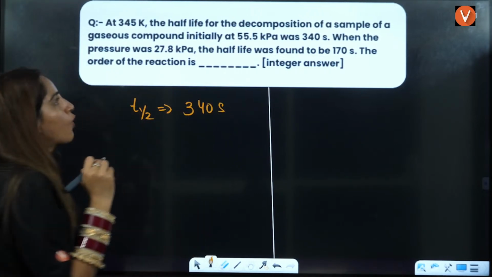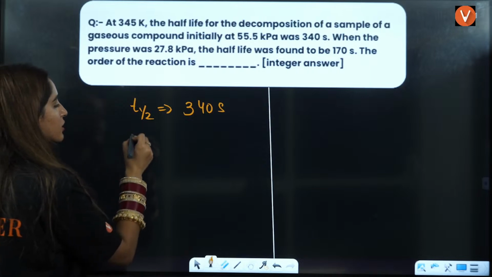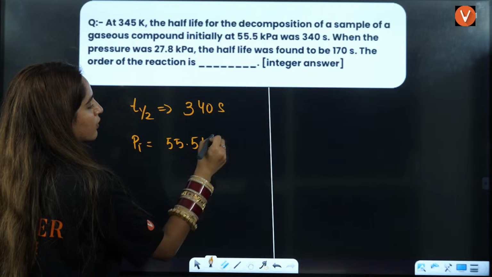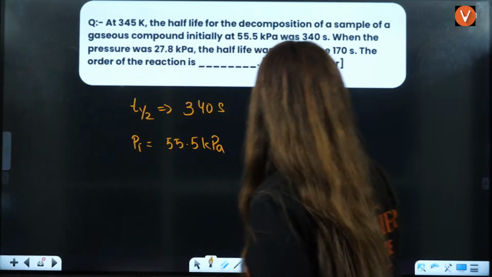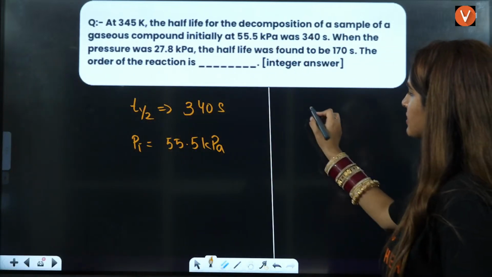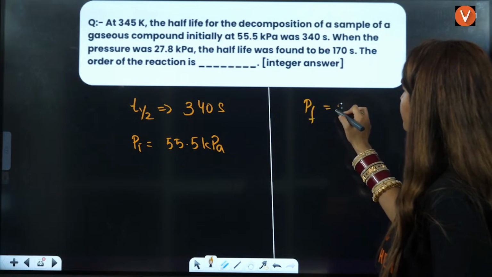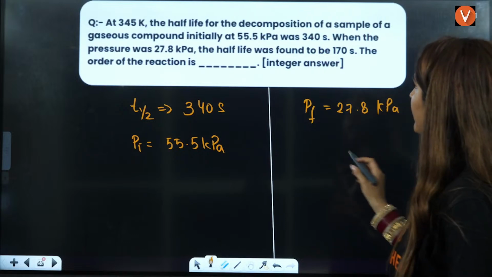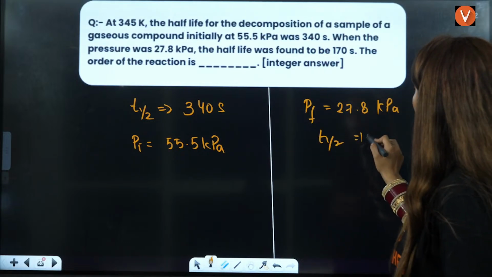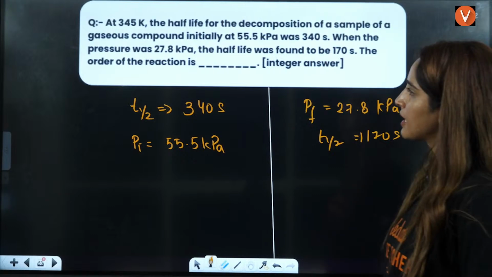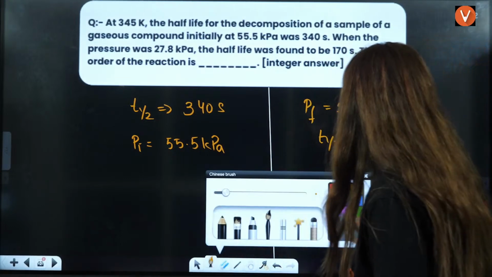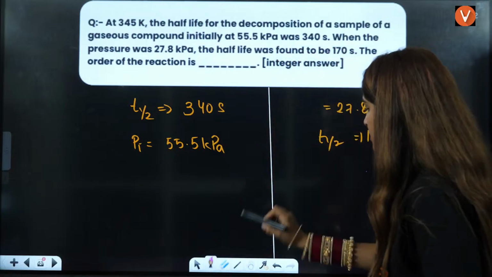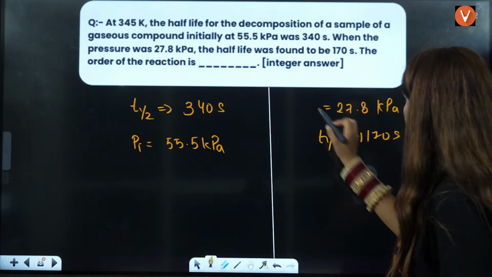Initially the half-life was 340 seconds when the initial pressure was 55.5. When the pressure was 27.8, the half-life was found to be 170 seconds. Find the order of this reaction. Basically they have given you two half-lives and two initial pressures.